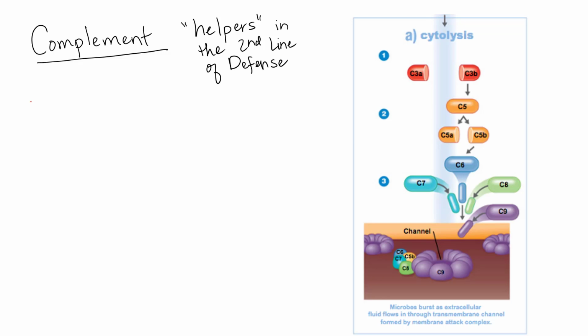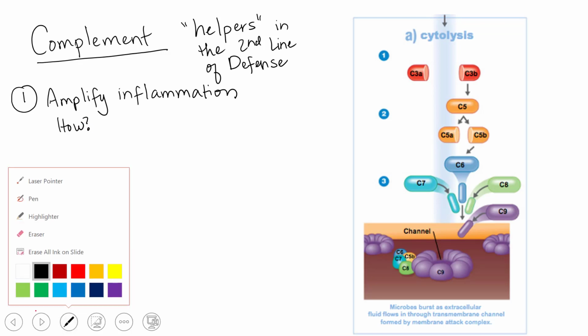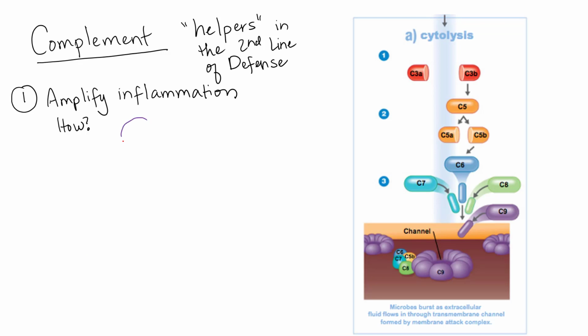Inflammation and phagocytosis specifically. So we said, number one, it's going to amplify inflammation. Remember, inflammation is already happening, but it's going to amplify inflammation. And then how does it do that? Make sure you understand the how. How is it doing that? Well, it's doing that by binding. Let's go ahead and draw in a basophil here real quick.